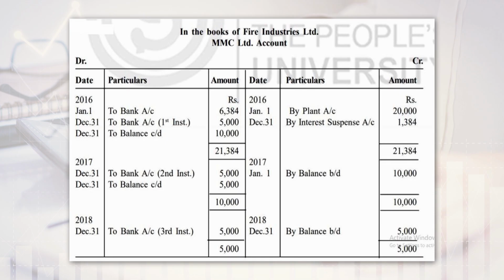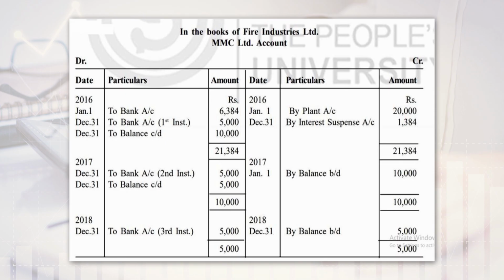The entry we had made was interest suspense account debit to vendor. So in the books of the vendor it is by interest suspense 1,384. So the total is 21,384.